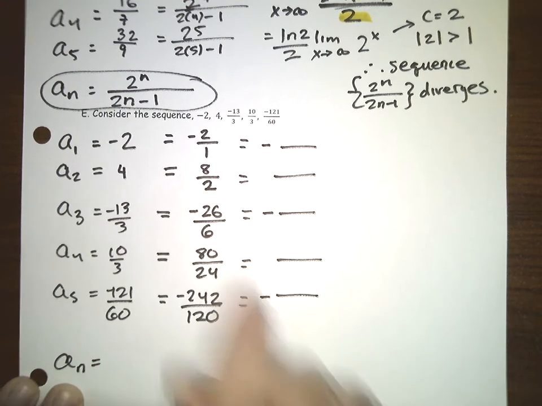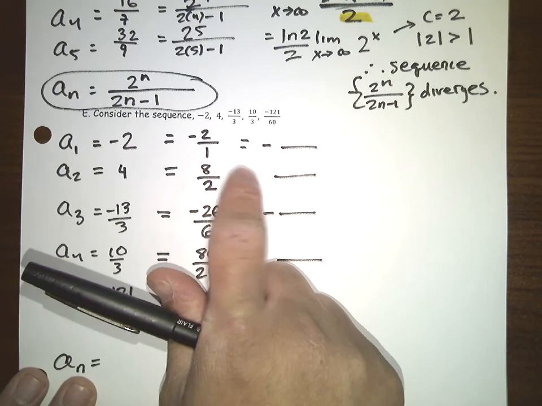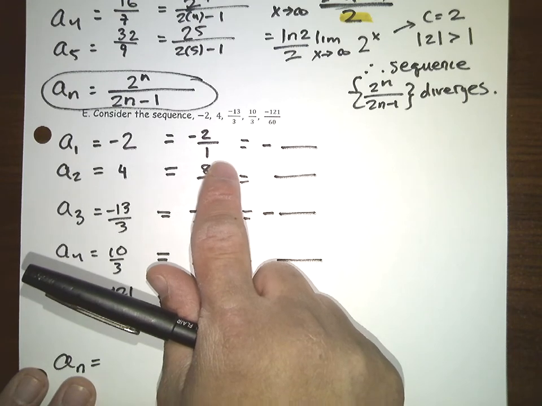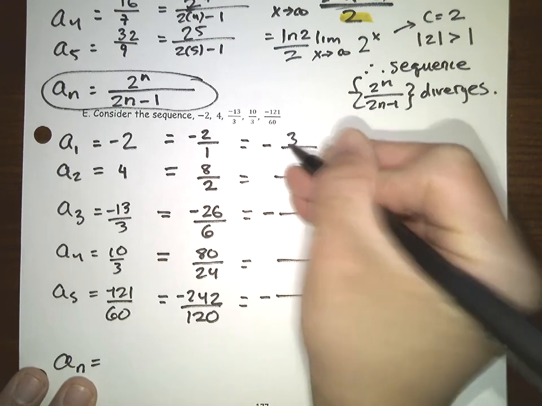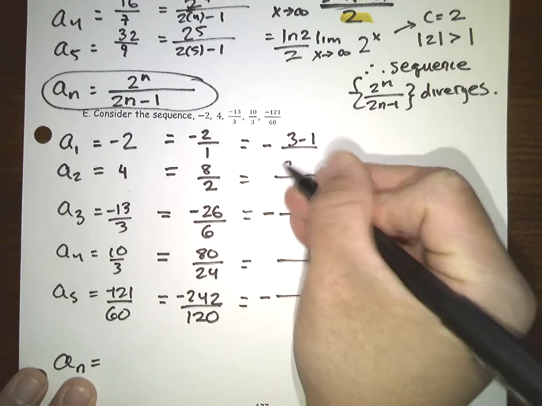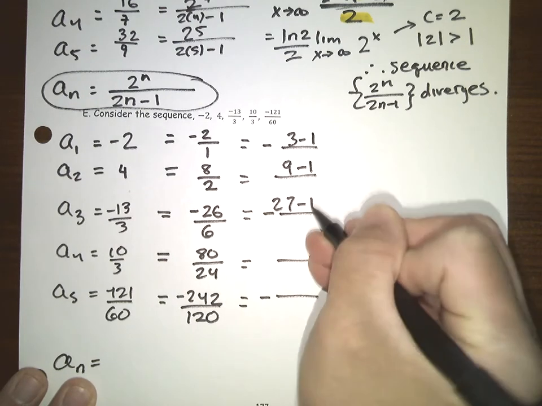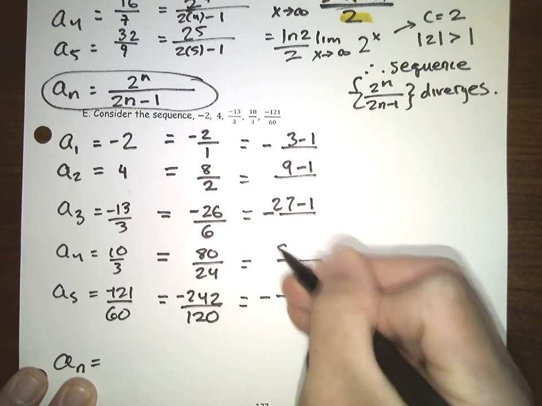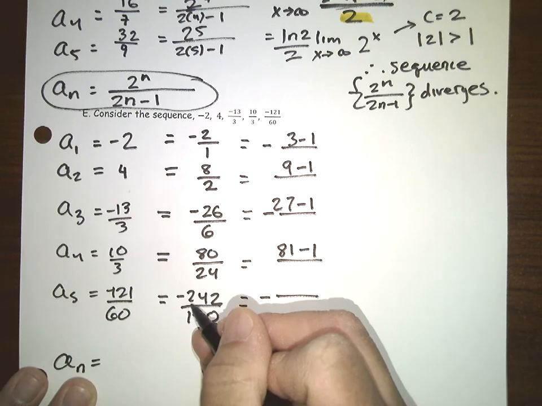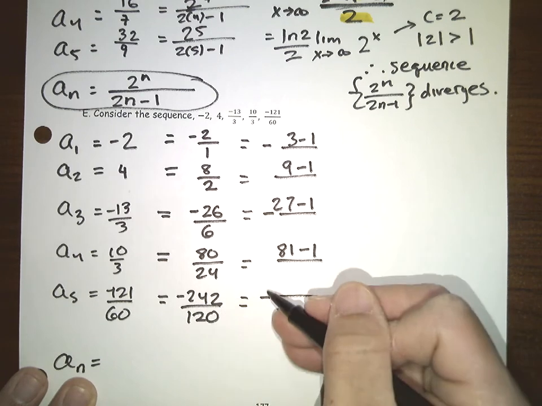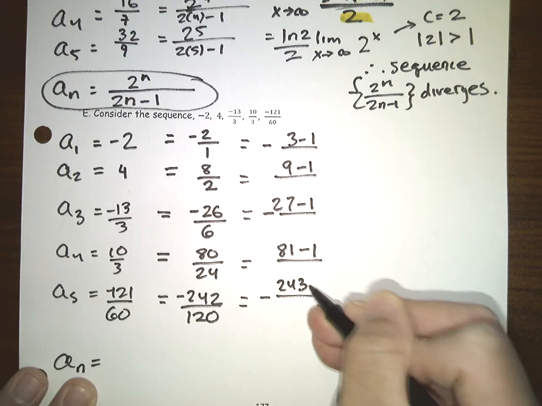whatever the term is. And in the numerator, if I look at this, well, I could rewrite the 2 as 3 minus 1, the 8 as 9 minus 1, the 26 is 27 minus 1, the 80 is 81 minus 1, and the 242 is 243 minus 1.